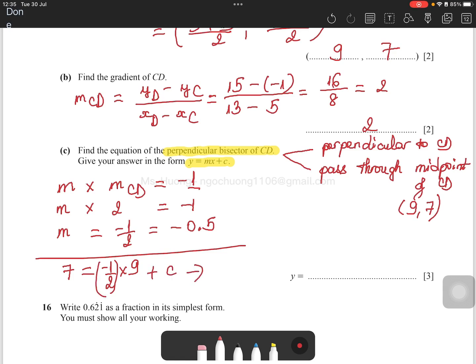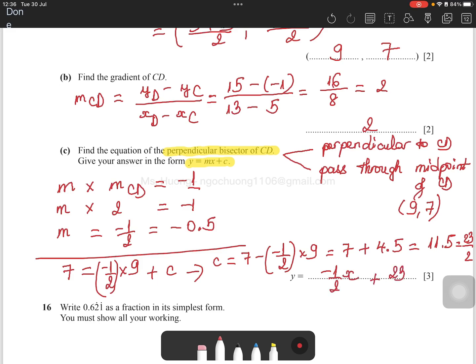And from this, we want to find the value of c. Then it is 7 subtract negative 1/2 times 9. Negative 1/2 times 9 is negative 4.5. So 7 minus negative 4.5 means 7 plus 4.5 equals 11.5. Or you can say it is 23 over 2. So the answer is y equals negative 1/2 of x plus 23 over 2.